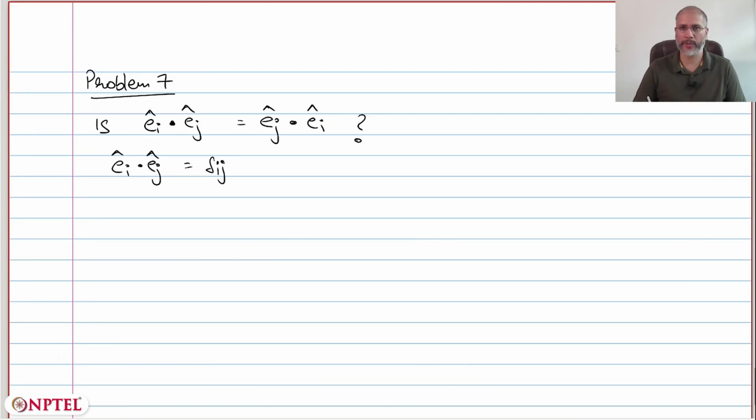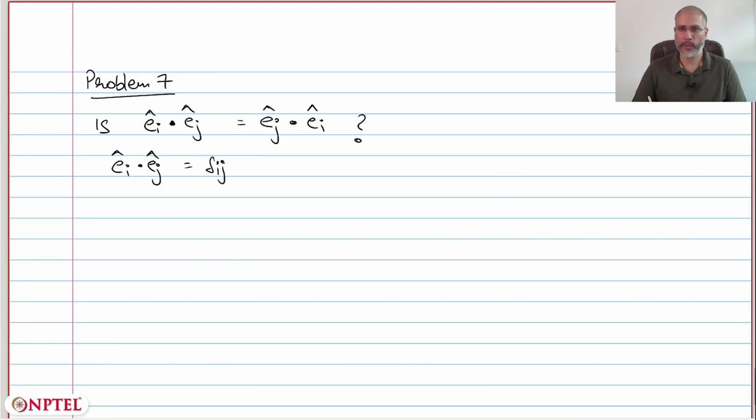Again, you can go back to the lecture notes and have a look in this week's lectures. But I can help you recall. So ei dot ej is only equal to 1 when the two indices i and j are the same, because the ei are unit vectors and they are linearly independent because they form a set of orthonormal bases.